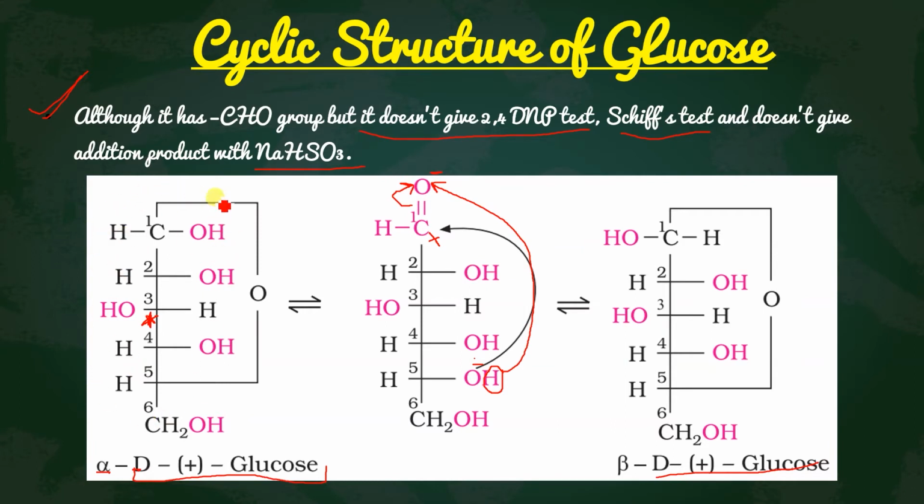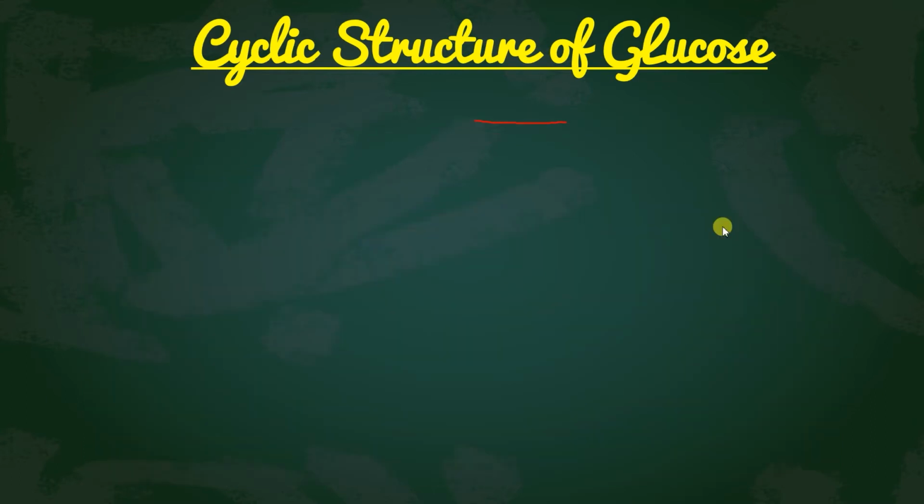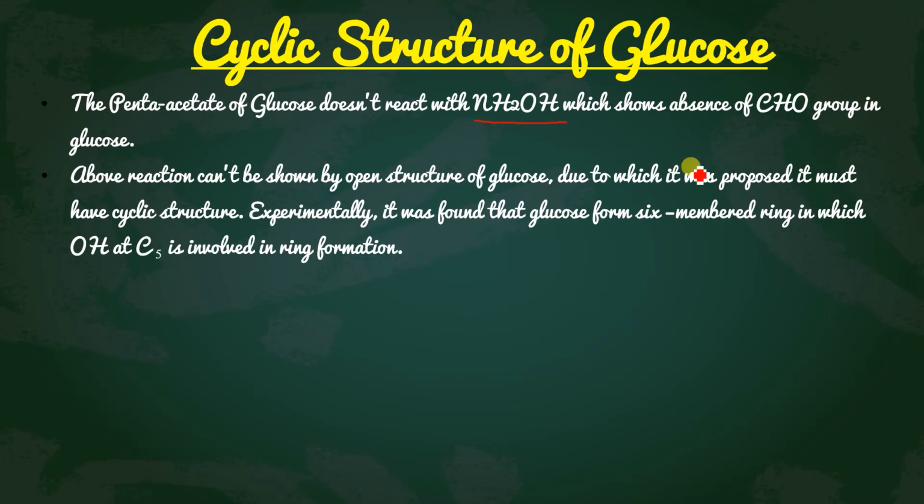Can you see the CHO group? Is it there? No. So although it has a CHO group, the CHO group is not free. Got it? So that is the reason it doesn't give the reaction with NH2OH. So it shows the absence of a free CHO group. That means the CHO group is bonded. And when will it be bonded? When it exists as a cyclic structure. Got it?